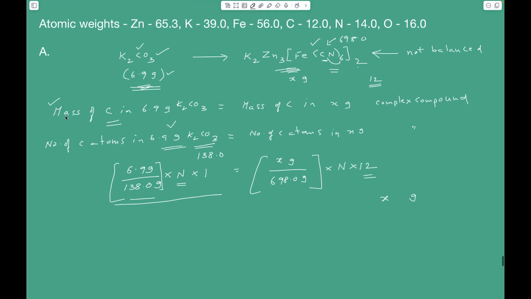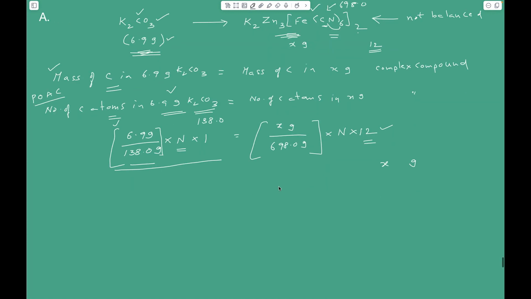And from the law of conservation of mass, we applied the principle of atom conservation, because if the mass of a given element is conserved, then the number of atoms of that element must also be conserved. And from that we derived expressions to get the number of atoms on both sides, and you know how to simplify this to get the answer.